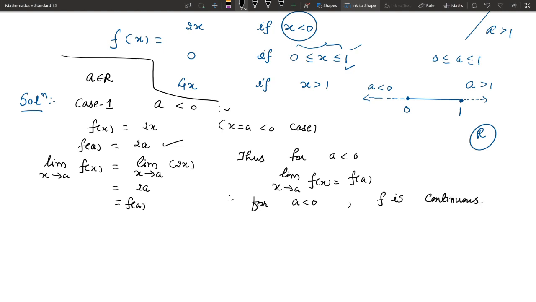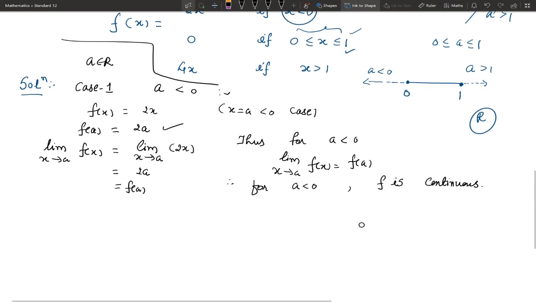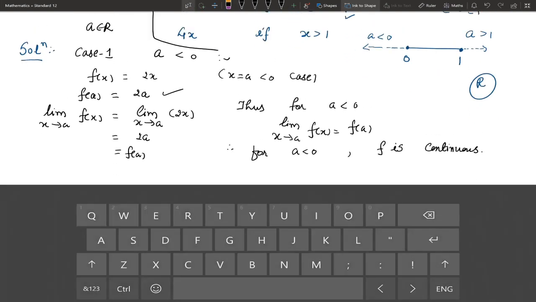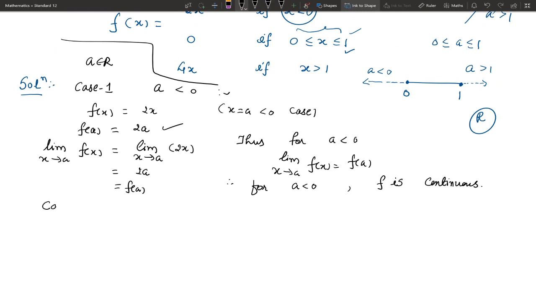Now we take case 2, at a equal to 0. We will check the continuity at a equal to 0.